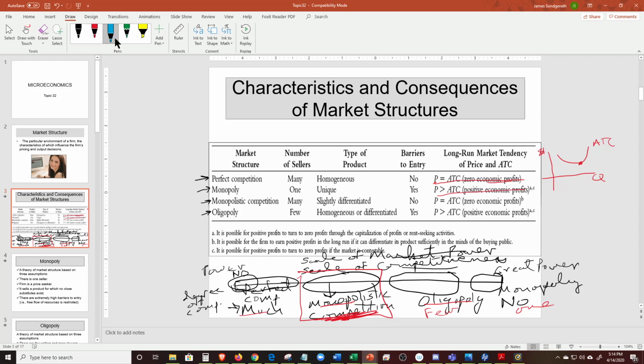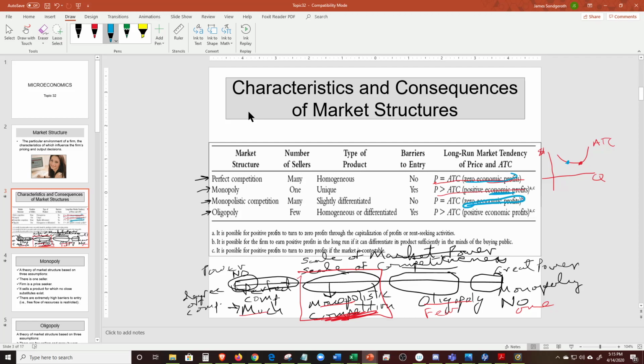And though we are not going to take a look at monopolistic competition, they will be usually driven here, but also they will have zero economic profits too.